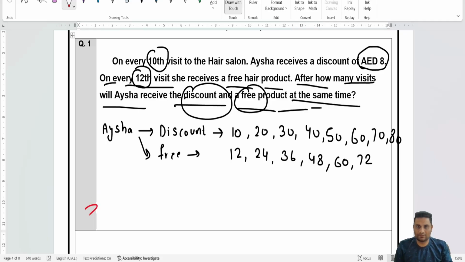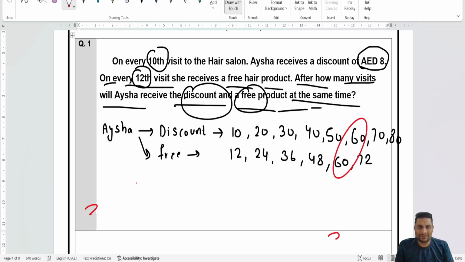This number 60 is common in both discount and free product, right? Yani when she will visit for the 60th time, then she will get both the discount and the free product.